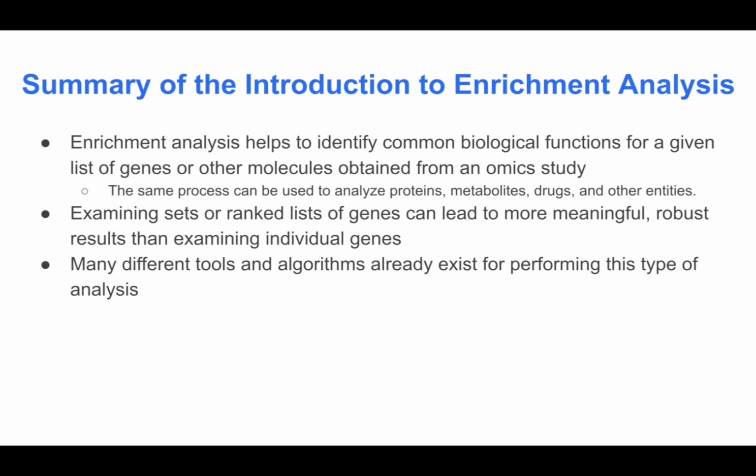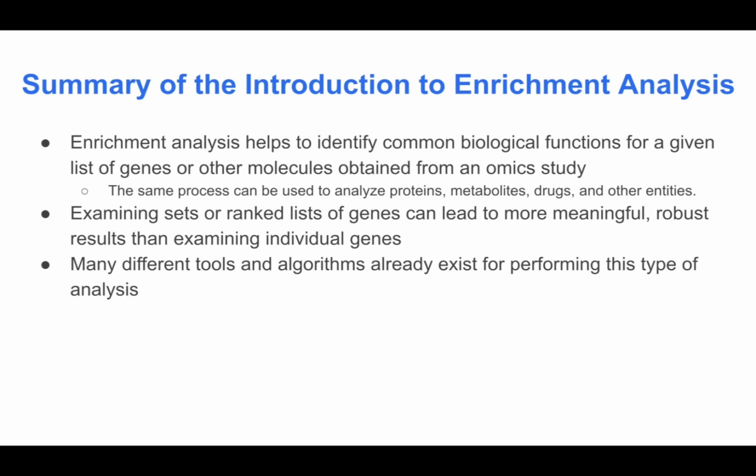As a final summary of what we just went over, enrichment analysis helps us identify common biological functions for a given list of genes or other molecules obtained from an omics study. The examples I used in this slideshow so far have all been on genes, but technically you can also do enrichment analysis with proteins, metabolites, drugs, or other biological entities, given that you also have comparison sets of those same entities to run the enrichment analysis against.